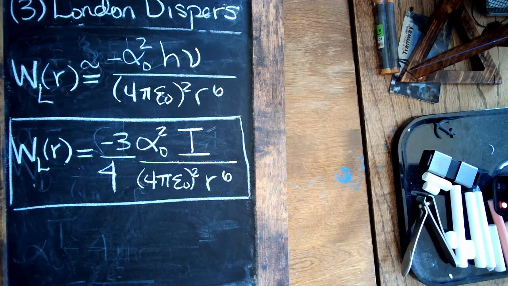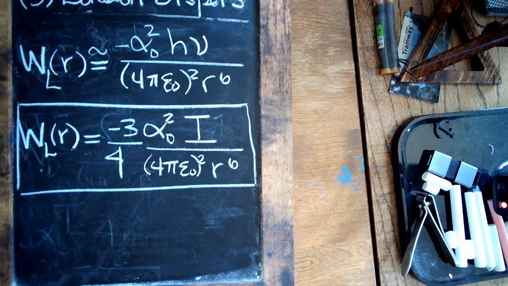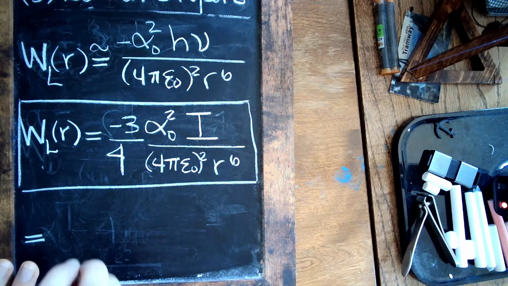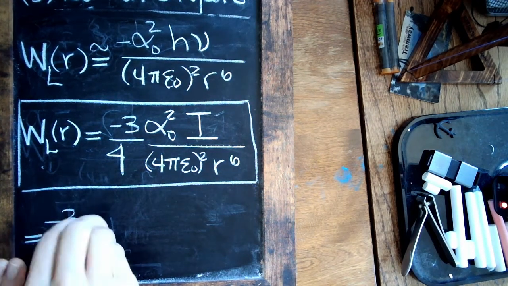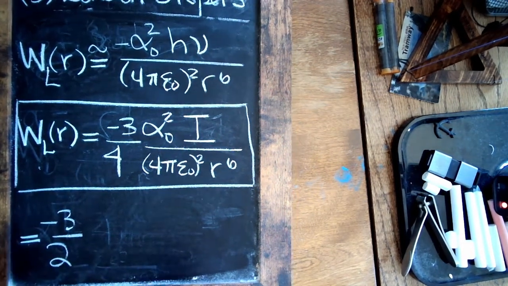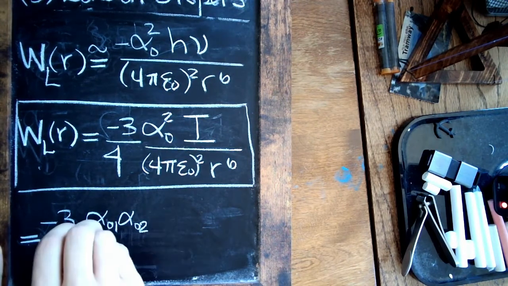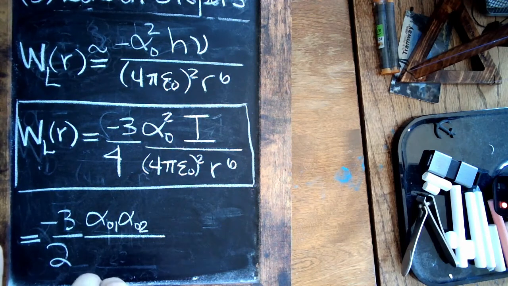Now this would of course be for two identical atoms. If we wanted to expand this for non-identical atoms, I'll write that underneath and hopefully we can see what that's going to be. We're going to have an alpha 0,1 and alpha 0,2, the polarizability of each of the atoms.